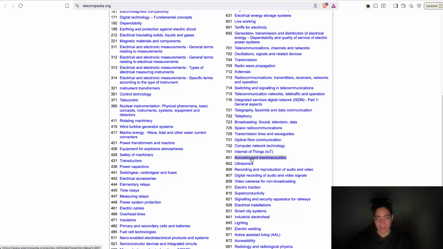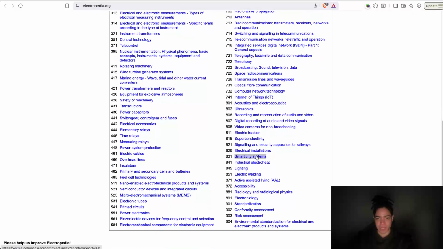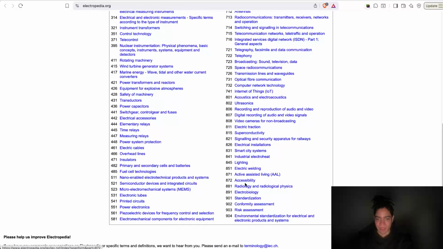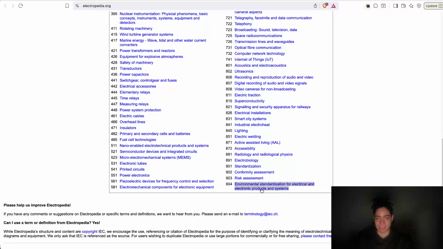Internet of Things, acoustics and electroacoustics, ultrasonics, recording and reproduction of audio and video, electric traction, superconductivity, electrical installations, smart cities, lighting, electric welding, accessibility, radiology, electrobiology, standardization, conformity and risk assessment, and environmental standardization for electrical and electronic products and systems.